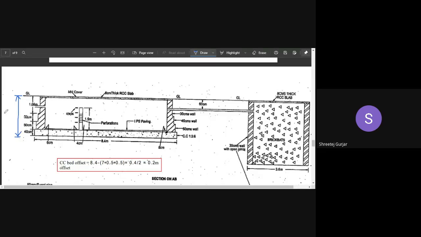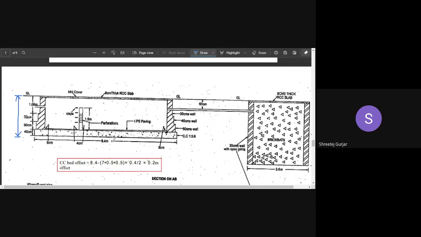What is the value over here? Someone quickly add. 1.08 plus 0.5 plus 0.5 plus 0.4. This you need to add.